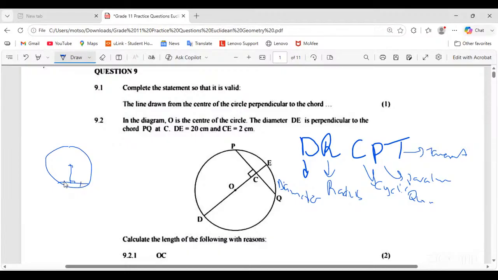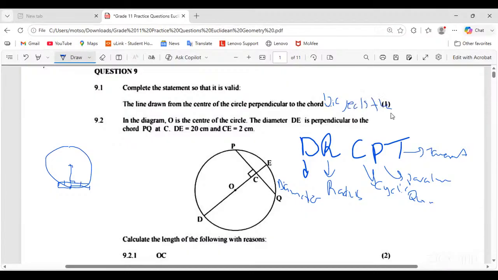What do we mean by the word bisect? We mean that it divides this chord into two equal parts. Therefore, this part is equal to this part, right? So now you will complete the statement. The line drawn from the center of the circle perpendicular to the chord bisects the chord.